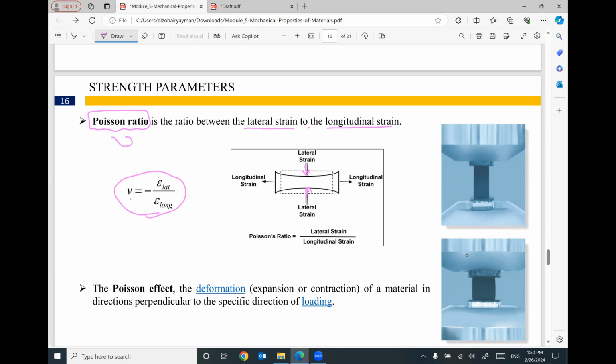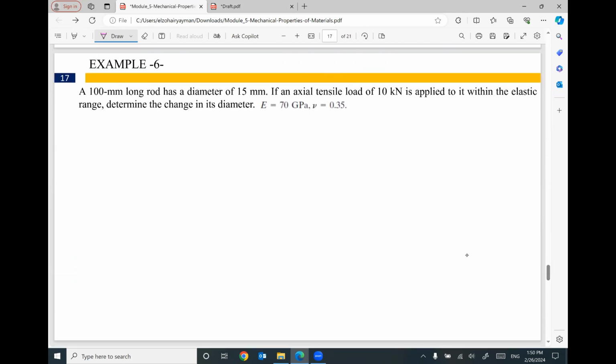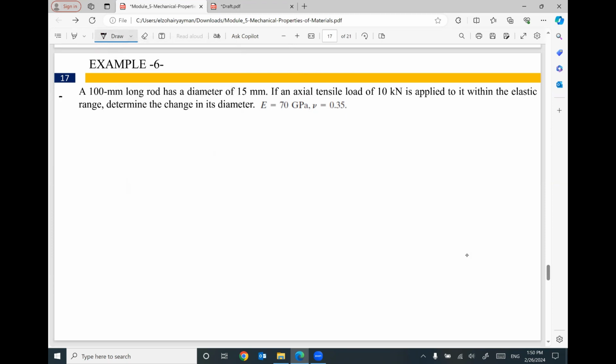That makes sense? So we have two examples here for Poisson ratio. We have a rod with a length equal 100 millimeter and a diameter equal 15 millimeters.